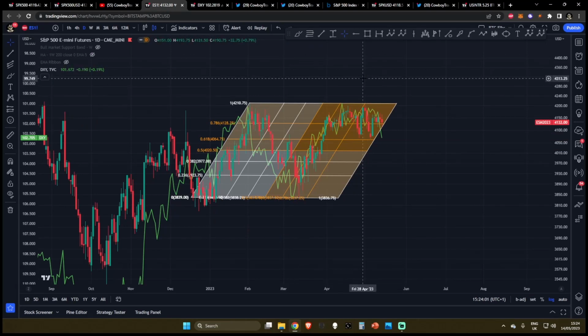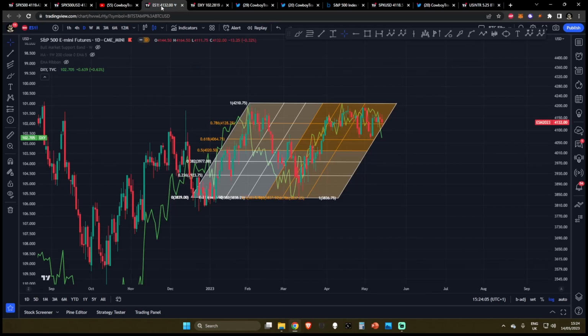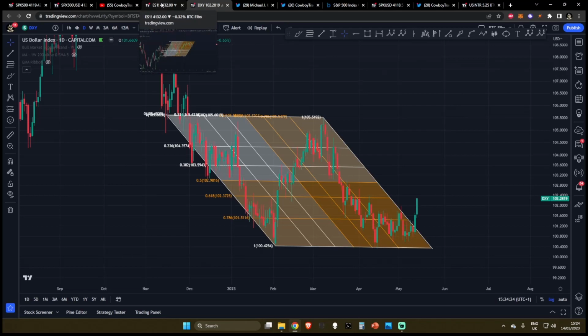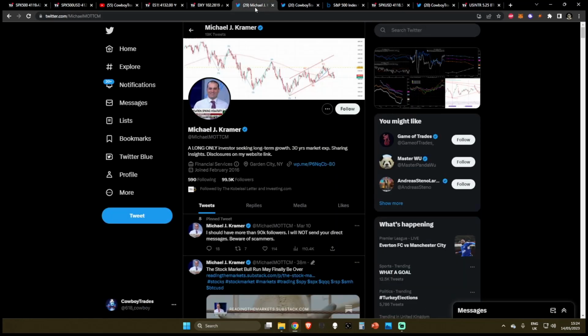Now, I want to talk about these 2 new charts over on my screen, focusing on these DXY and SP 500 parallelograms. First of all, before we dive into these 2 charts, I do just want to say the original idea for these parallelograms on the SP 500 and the DXY is not my own idea. I have people on Twitter who I talk to about economic data and charts, and one of them has sent me this original idea from an economist named Michael Kramer.